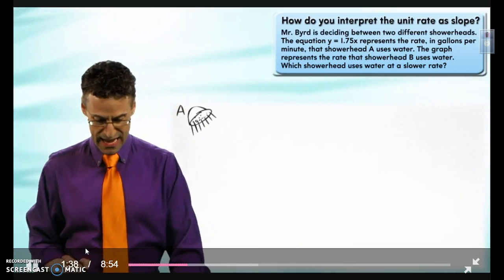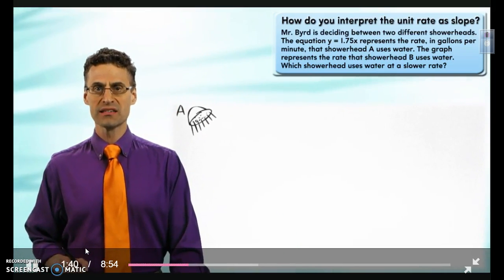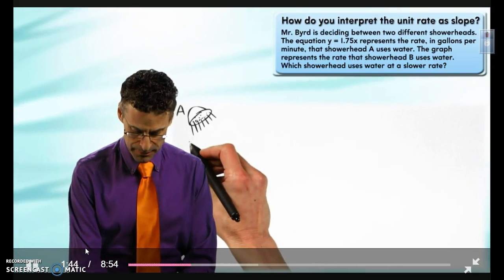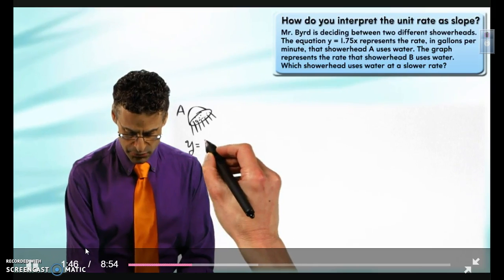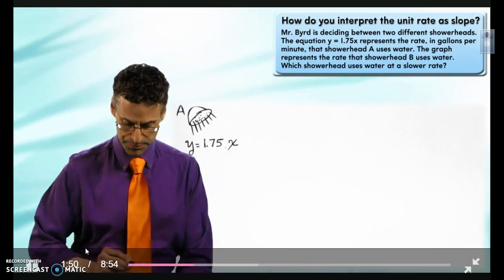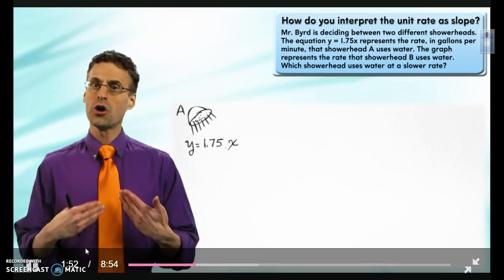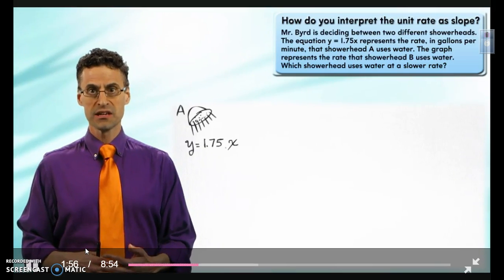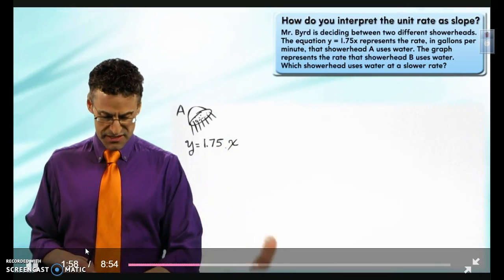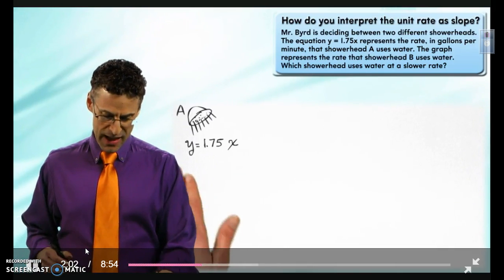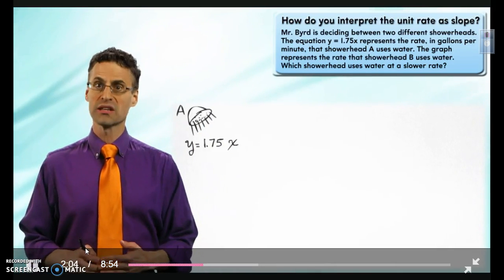So there's shower head A, and what we know about it is that the amount of water used is given by the equation y equals 1.75x. Now, let's use all the knowledge we've already established to say a bunch of stuff about this equation. First of all, since it can be written like this, we know automatically that this is representing a proportional relationship.